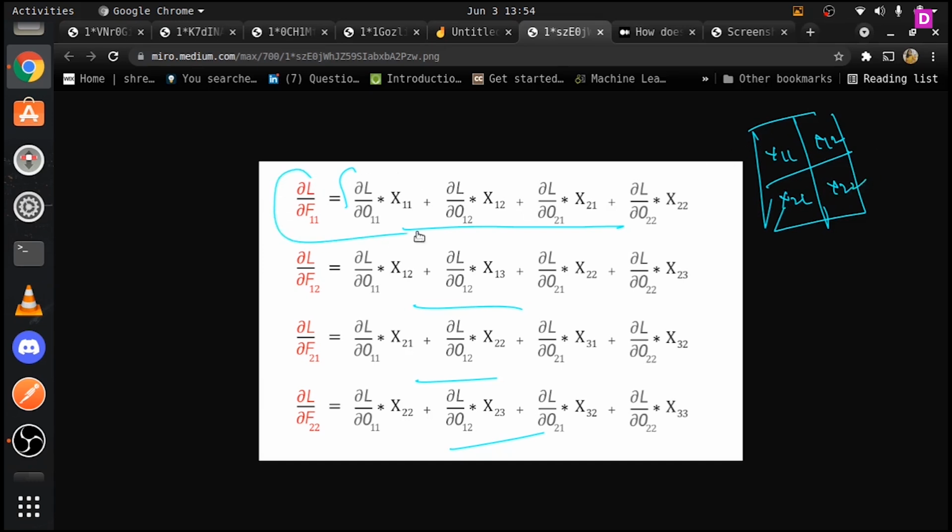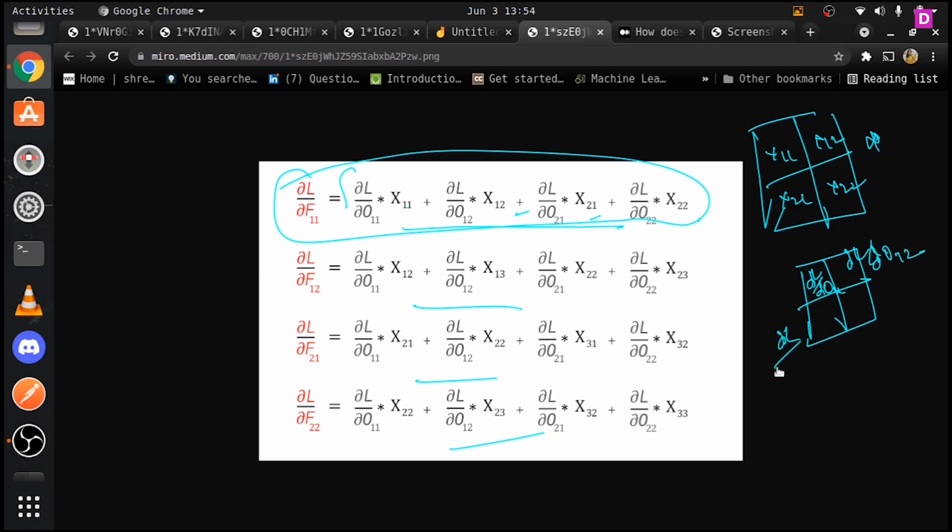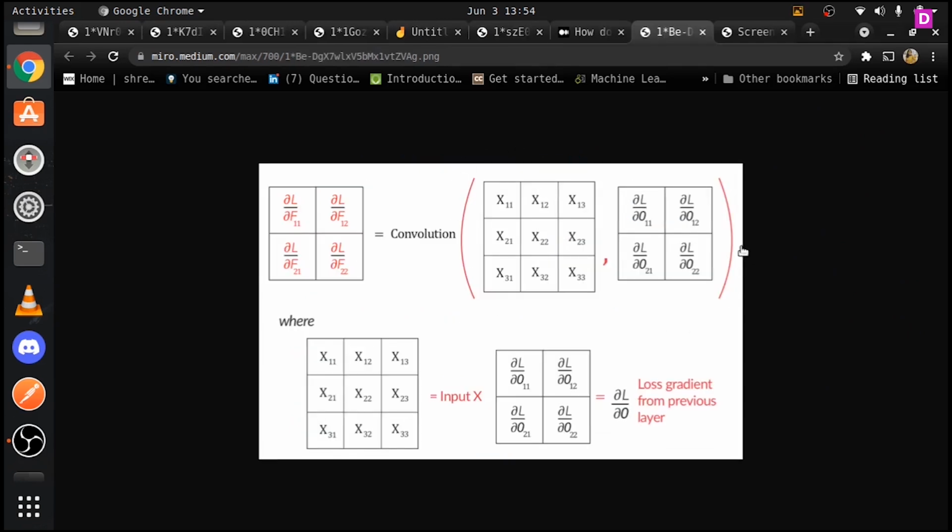So if you see the first part, let's suppose dL by dF11, this is basically the convolution of X11, X12, X21 and X22 with dL by dO11, dL by dO12, dL by dO21 and dL by dO22, right? If you see the whole thing, this is basically in a convolution format itself.